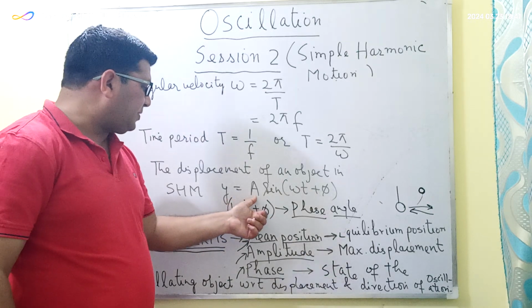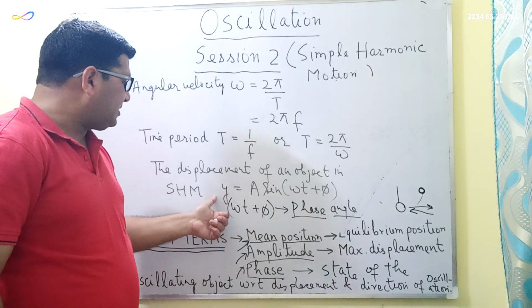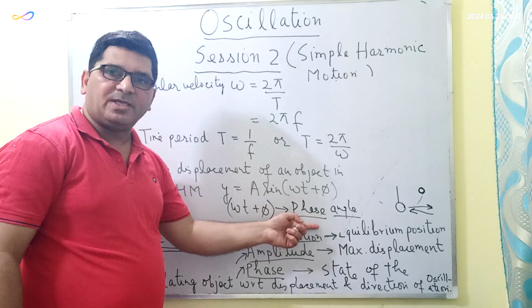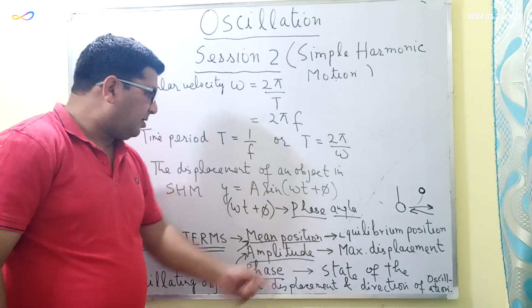So a is the amplitude of the oscillation, y is the displacement, and omega t plus phi is the phase angle at any moment of time.